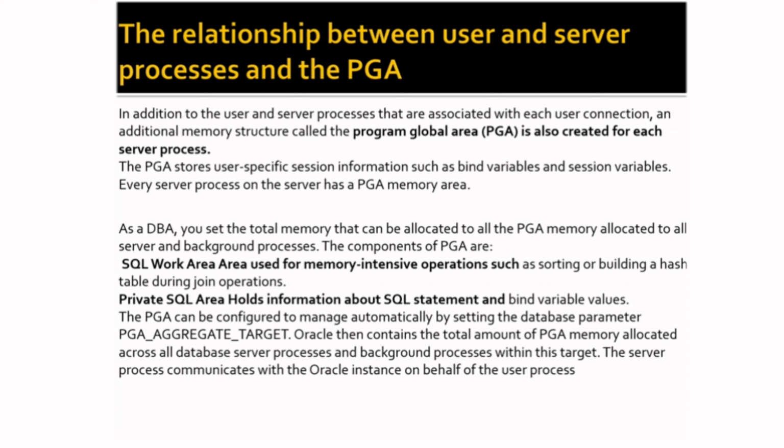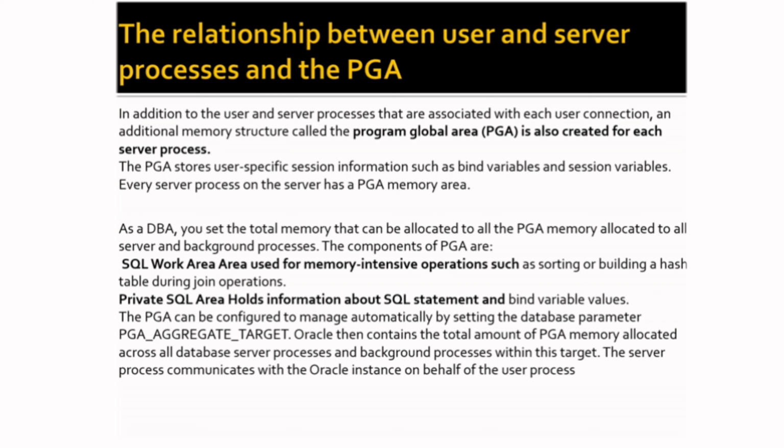An additional memory structure called the Program Global Area, PGA, is also created for each server process. The PGA stores user-specific session information such as bind variables and session variables.